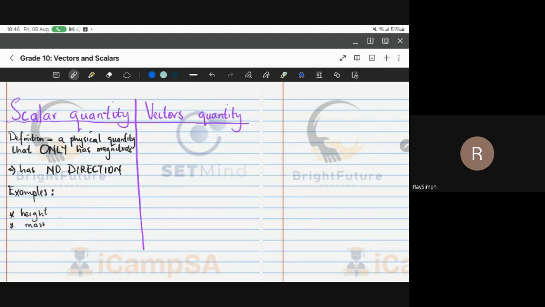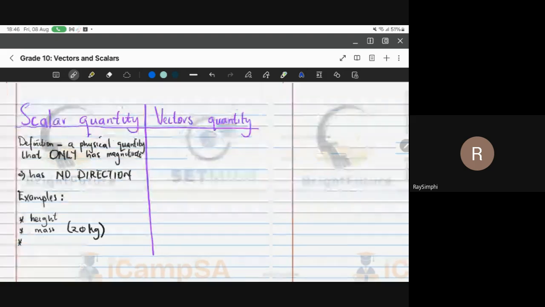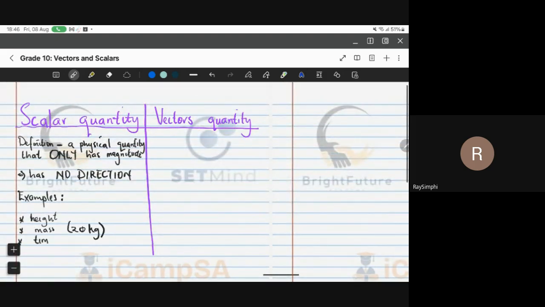If you weigh 20 kilograms, there's no such thing as saying I weigh 20 kilograms to the east, right? So it's just 20 kilograms. There's no direction to it, only the magnitude, the magnitude being the 20 kilograms. If you think about it, even time only has magnitude but no direction. If it's 12 o'clock, it's not 12 o'clock to the east or west or south or whatsoever.